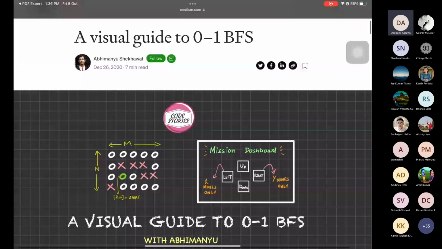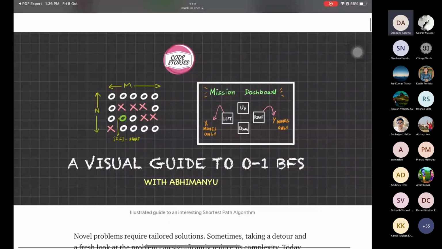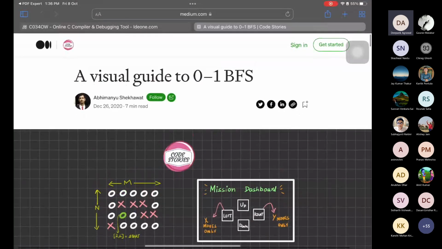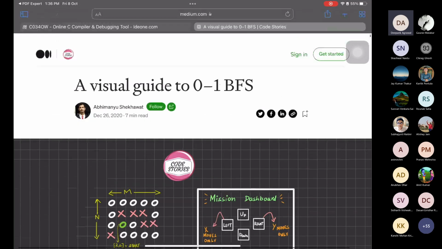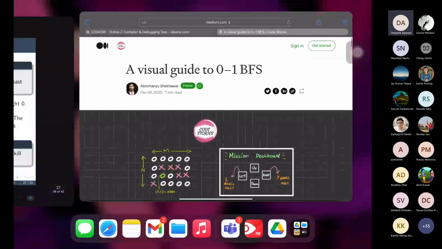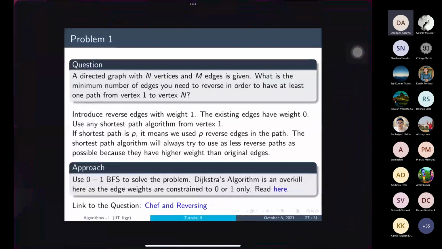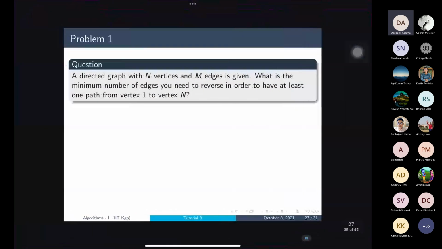No, sir. 01 BFS is actually a very good algorithm to find the shortest path, but we can only use it in some special cases, which is this particular question. I have included the hint too, so you can read the question, solve using Dijkstra, then use the hints and try to solve it using 01 BFS.